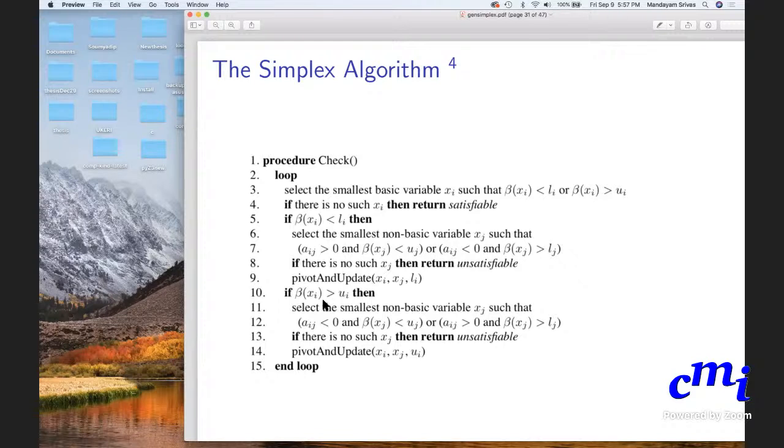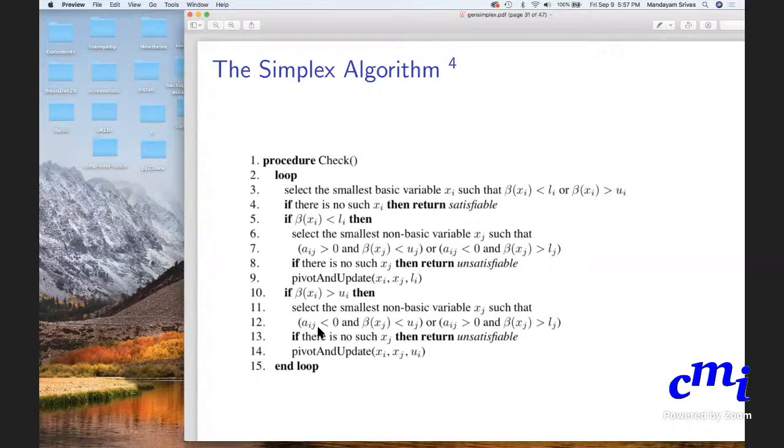Similarly, there is the other case, when the violation is because the upper bound is being violated by the chosen basic variable. Then you once again select the smallest xj, such that the dual of this holds. So in this case, since it is violating the upper bound, you will have to decrease it, and that's what it does.